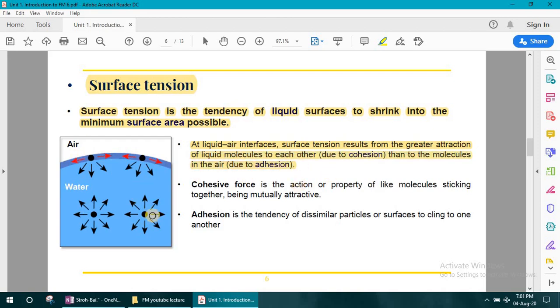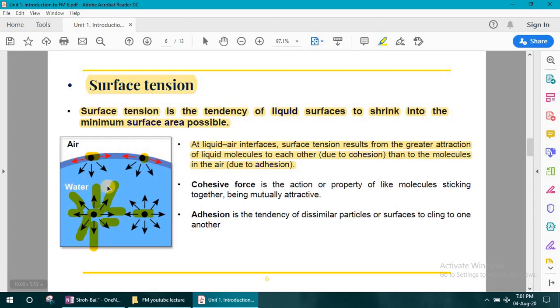I will explain this phenomenon with the help of this diagram. You can see, let's consider there are 4 particles of water. This is number 1, this is number 2, this is number 3, and this is number 4. These 2 water molecules are completely inside the water, and they are attracted by the water molecules only.